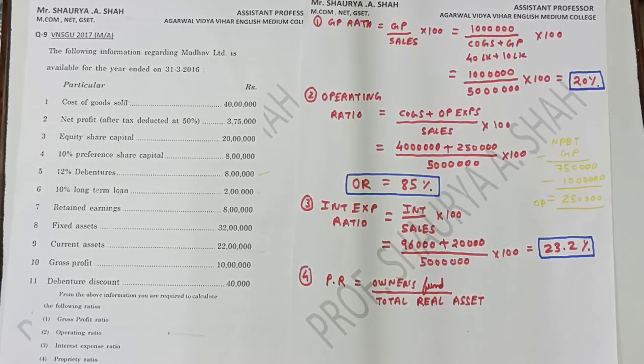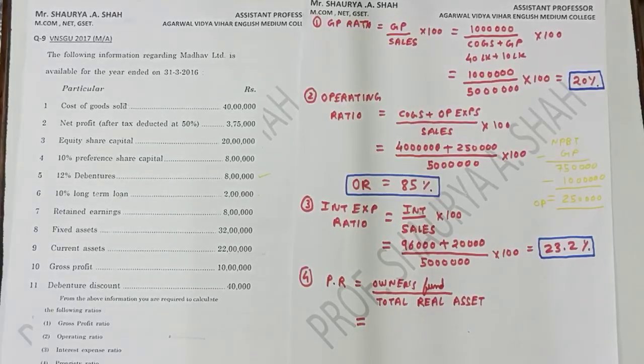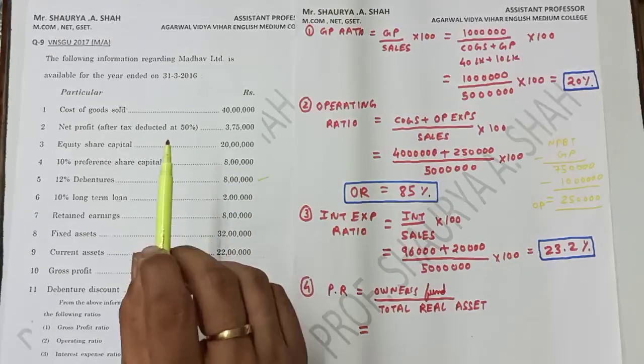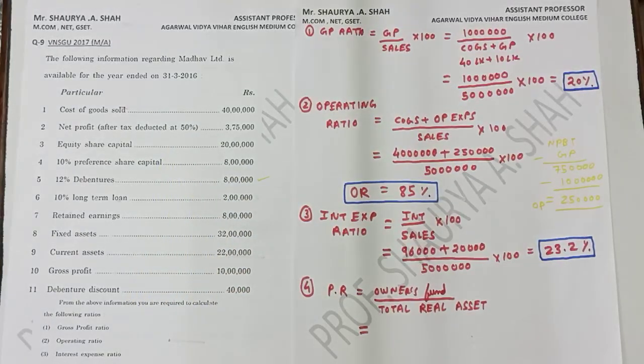Now here finding out owner's fund is very much important, students. What is my owner's fund? Owner's fund here includes, first of all, equity capital. Equity capital is rupees 20 lakh. You can remember your balance sheet.